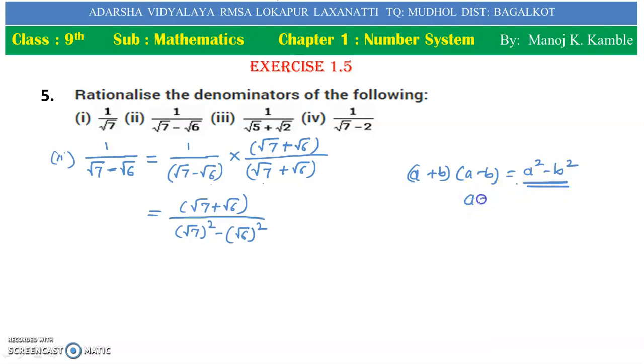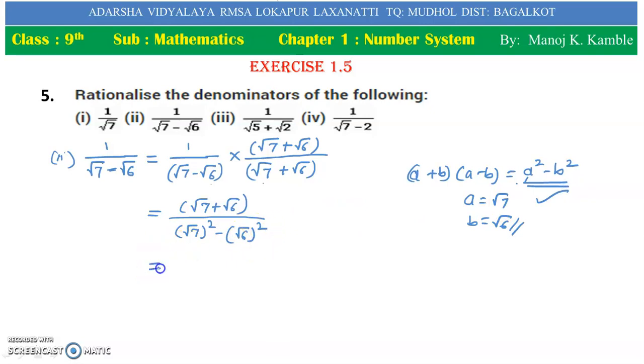So in place of a there is square root of 7, in place of b there is square root of 6. Okay, so next, a means root 7, that is a square, and b means square root of 6 whole square, that is bracket square.